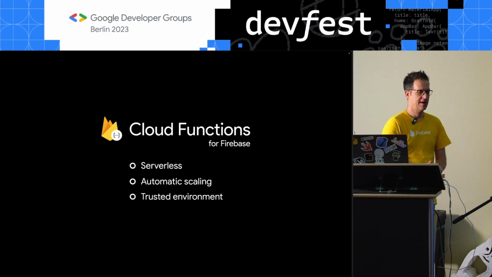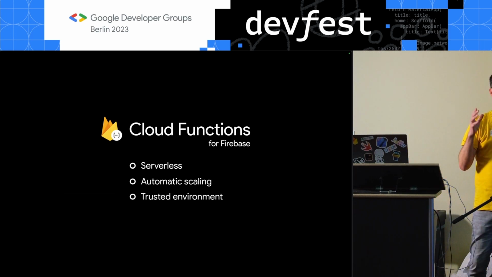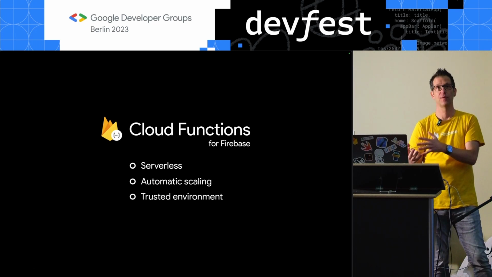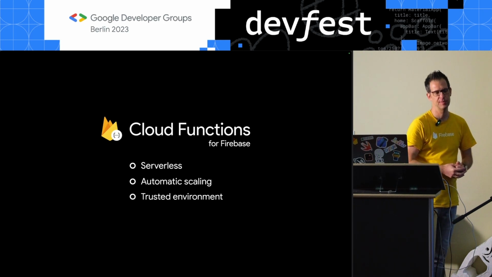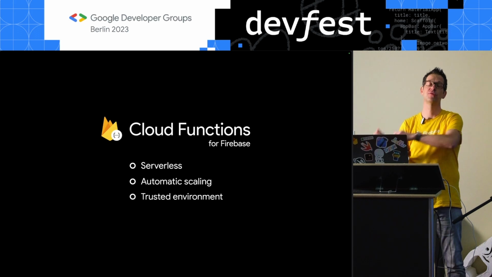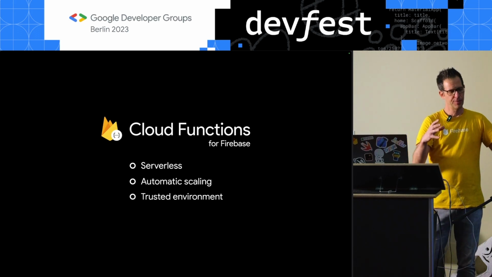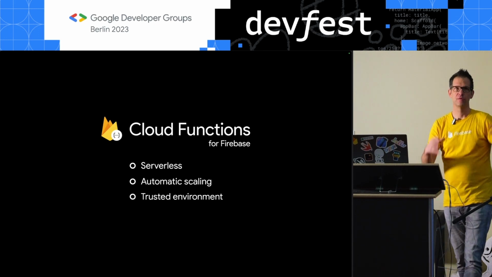So what does that mean? If you have secret information, for example, an API key, so you need to talk to a backend system, and that backend system has an API key that you need to use in order to talk to it. You put your API key in your app. So let's assume for a moment that we do that on the client.